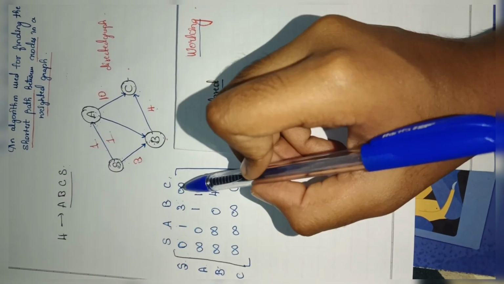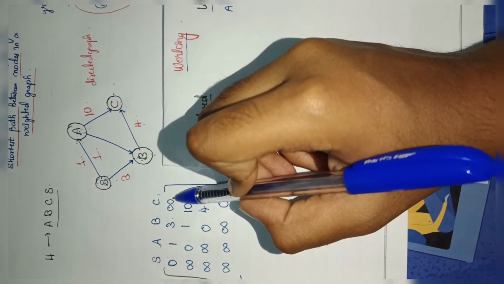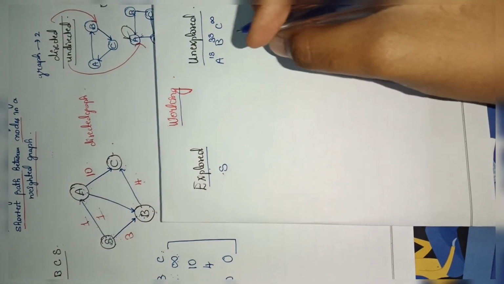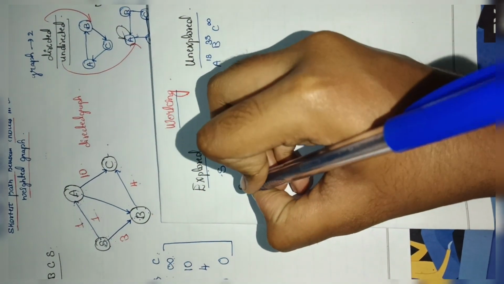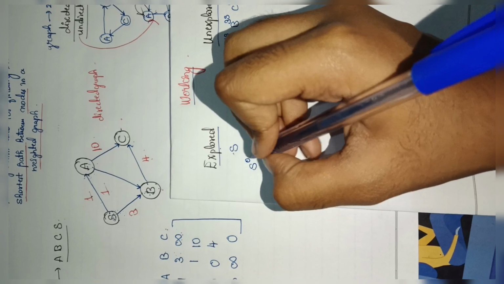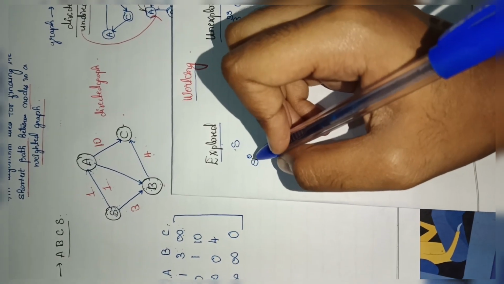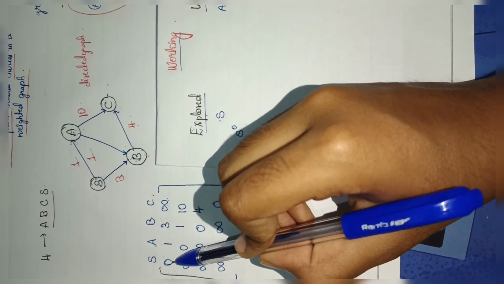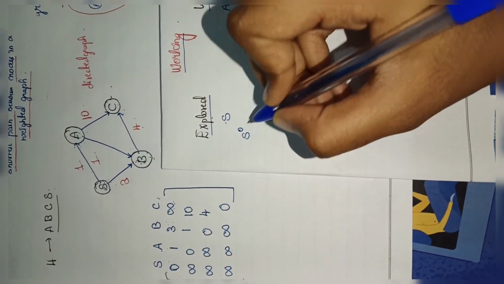As you can see, even in the matrix, it's infinite, so it will be infinite. So after S node, now it's explored. The S node is basically explored, which is nothing but from S to S it's 0. So we are taking it as 0.